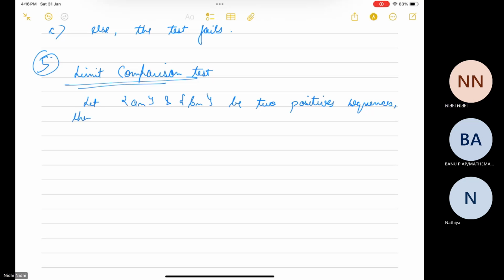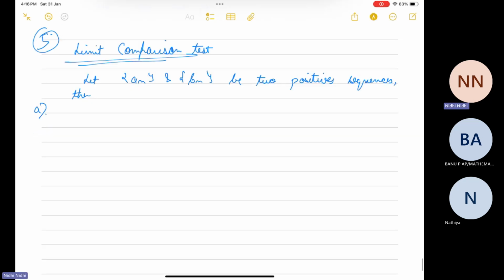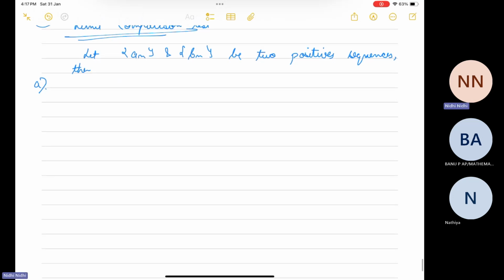then firstly, if limit n tending to infinity of a_n by b_n is equal to some finite real number c, and this is strictly positive, then both the series summation a_n and summation b_n converge and diverge together.